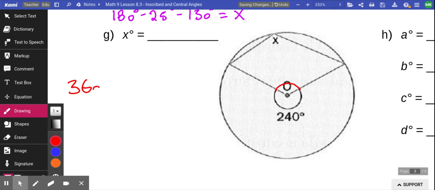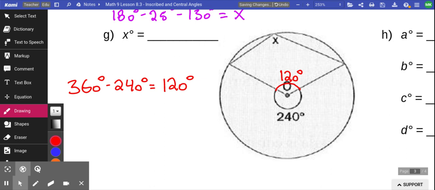So the first thing I do, even if it helps me or not, is I'm just going to fill that in because extra information is never bad, right? I'm just going to say, okay, that must be 120 degrees. It must be. Now that 120 degrees, it might help, it might not help. Again, extra info, it just doesn't hurt.